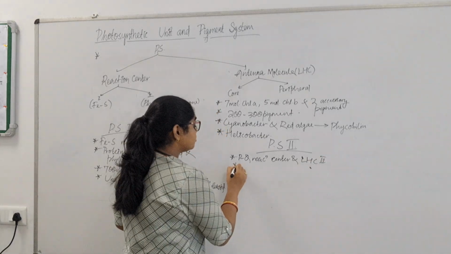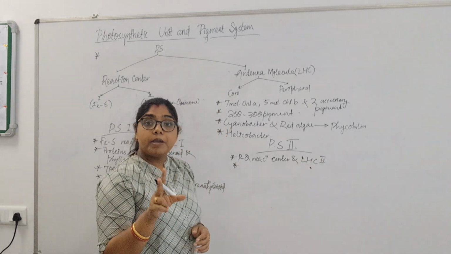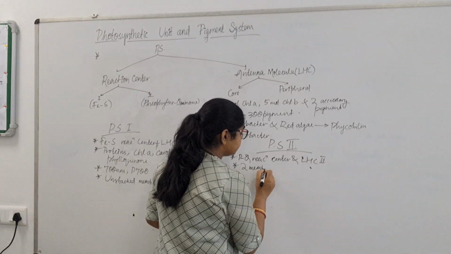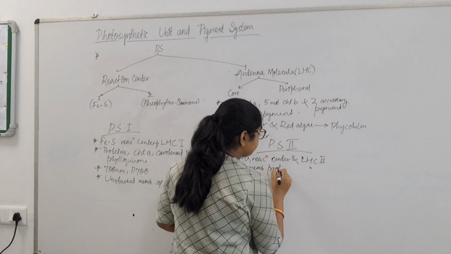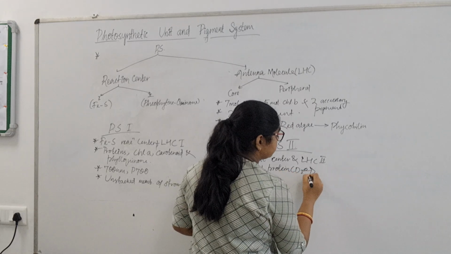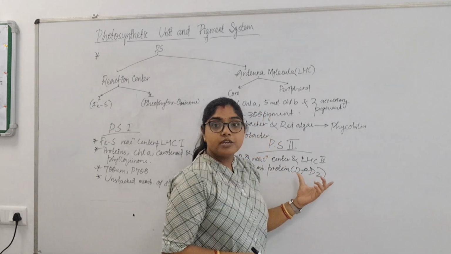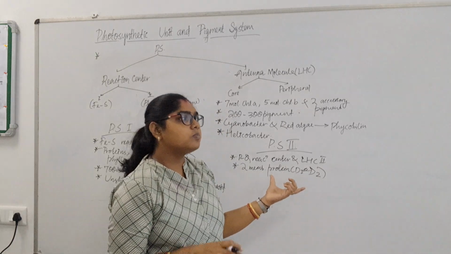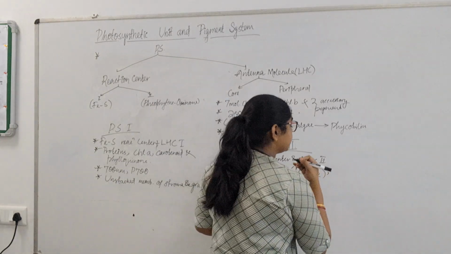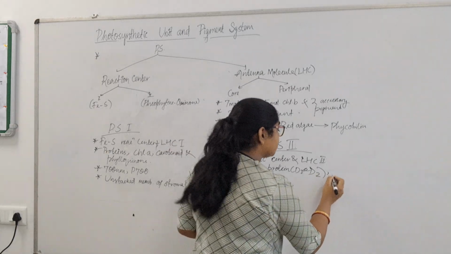Along with this, it also contains two membrane proteins, D1 and D2. These proteins are almost 39 kilodalton each.